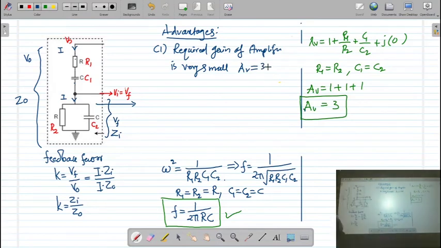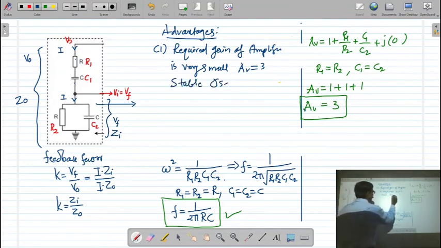Whenever the gain of the amplifier is small, then it is a stable amplifier. So here the required gain is only 3, so the oscillator will also be a stable oscillator. That is one of the advantages.